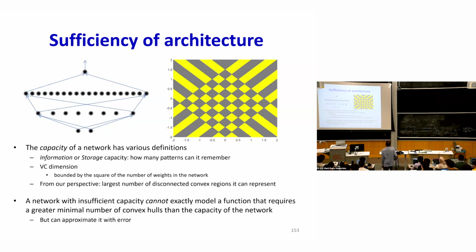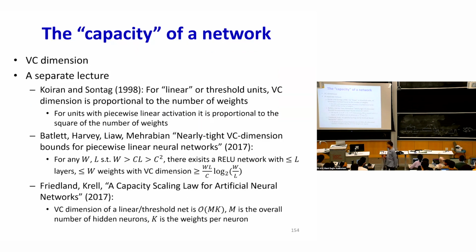The capacity of the network is defined in different ways in terms of information or storage capacity, in terms of VC dimension. From our perspective, it's the largest number of disconnected convex regions it can represent. And we find that a network with insufficient capacity cannot exactly model a function that requires a greater minimal number of convex halves than the capacity of the network. It sounds complicated, but you get the idea, right? And there are lots of different papers on the capacity of a network.